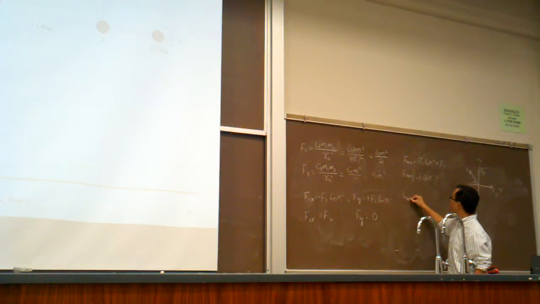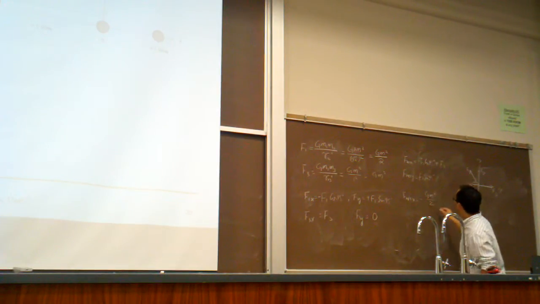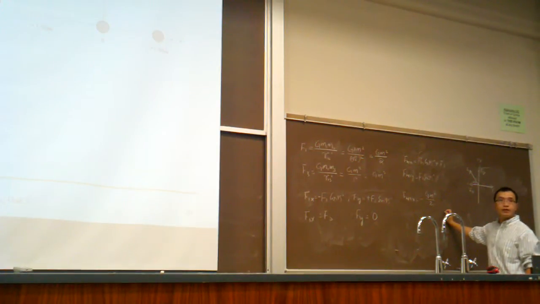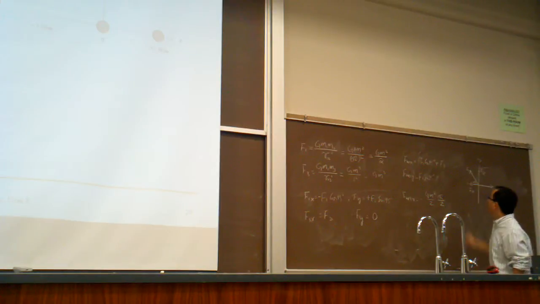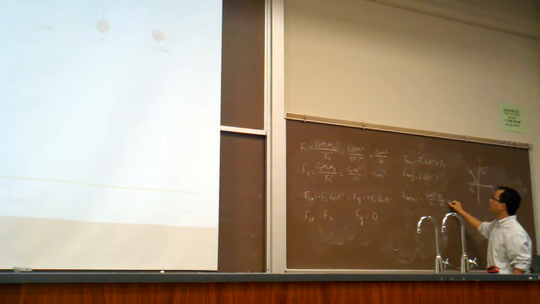You get F net x equals negative GM squared over 2 multiplied by cosine 45 degrees, square root of 2 over 2, and plus F3, which is GM squared.